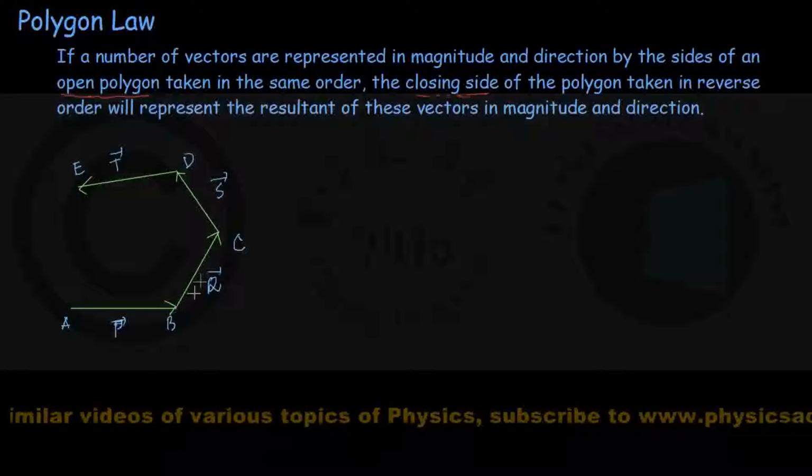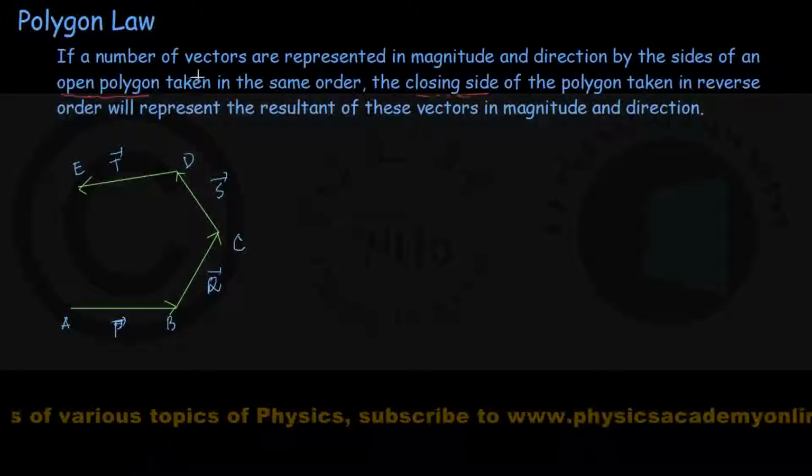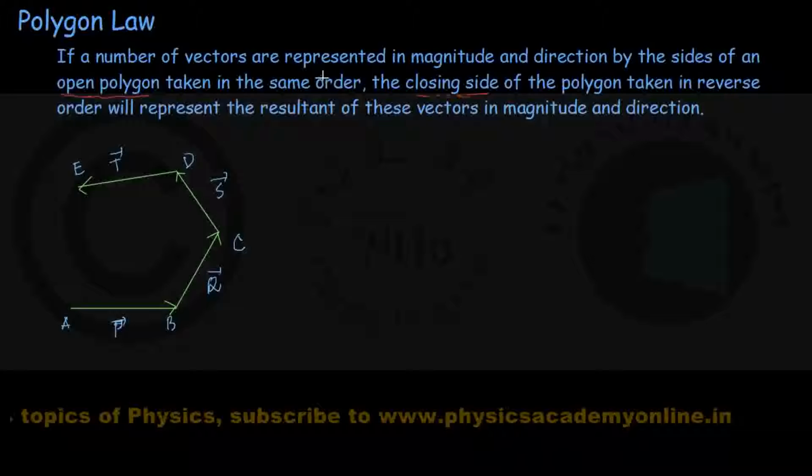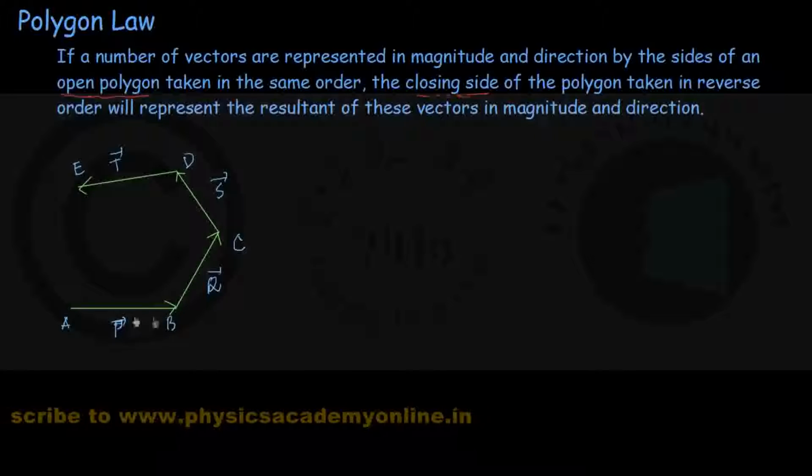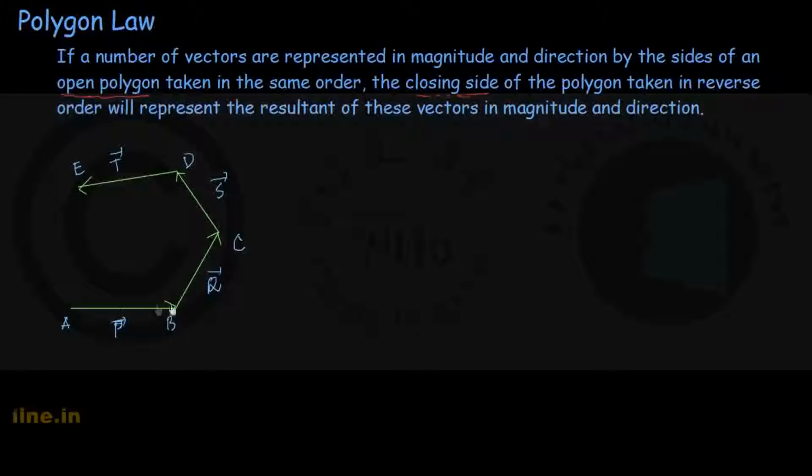With this construction, let me read once again what they have said. If a number of vectors are represented in magnitude and direction, so each of these sides, you can see, the length of AB represents the magnitude of vector P. Direction of AB, direction of P coinciding.